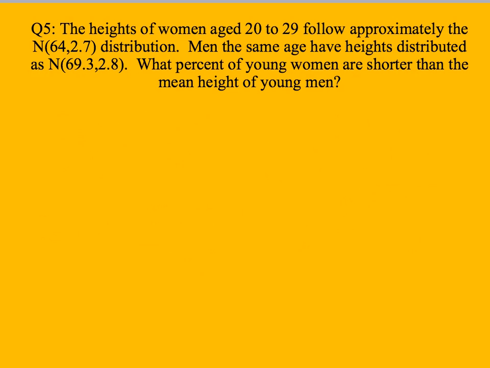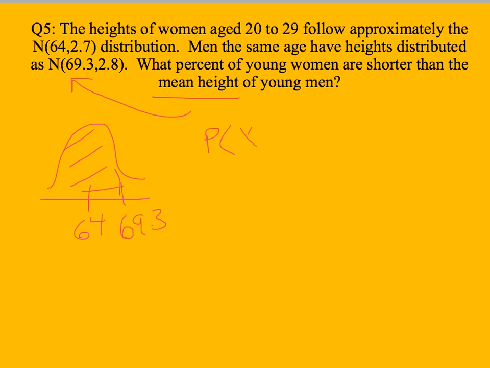If I drew my picture, I'm centered at 64. It says what percent are shorter than the mean height of young men. The mean height is 69.3, so that's here on the women's distribution. I want this area here. So I need to find the probability that X is less than 69.3.